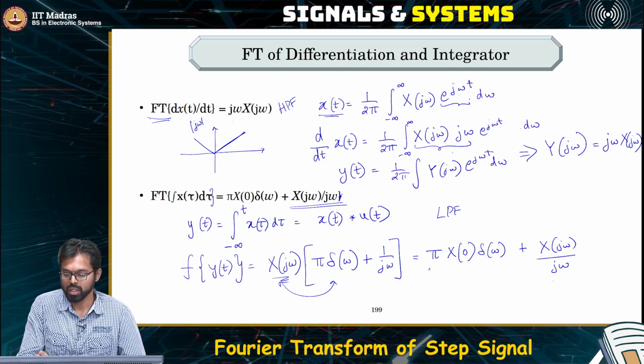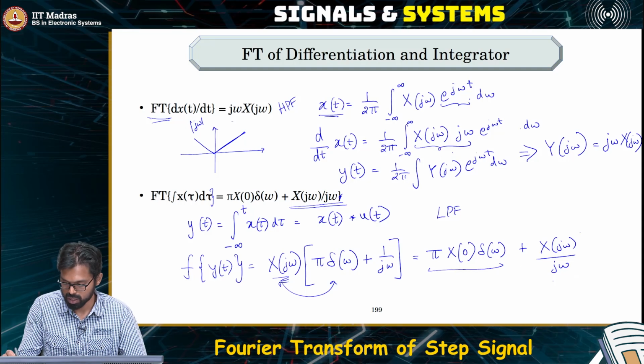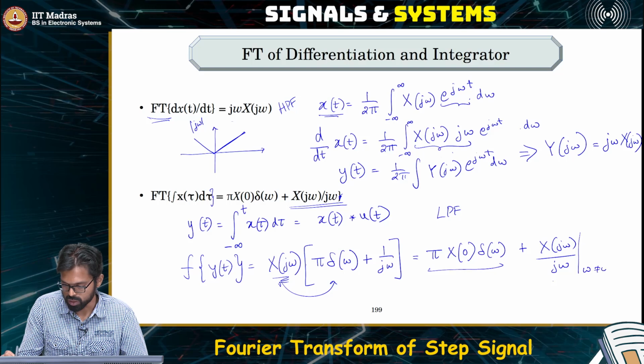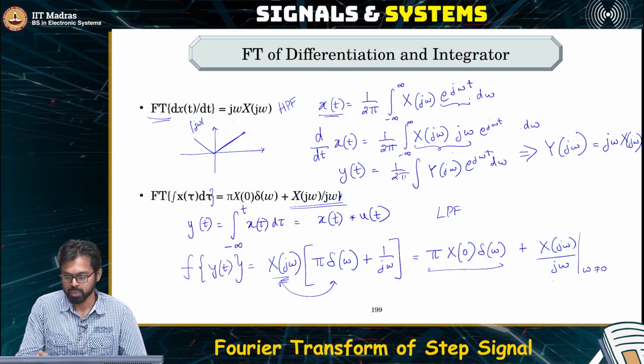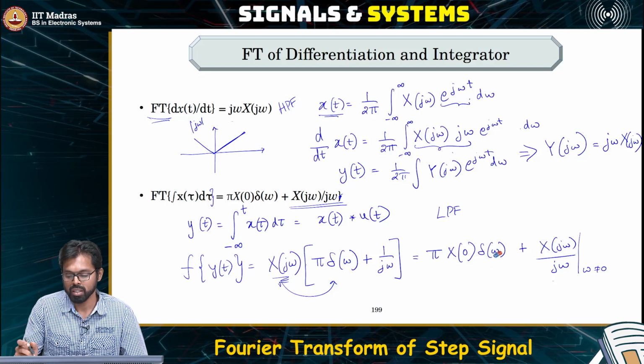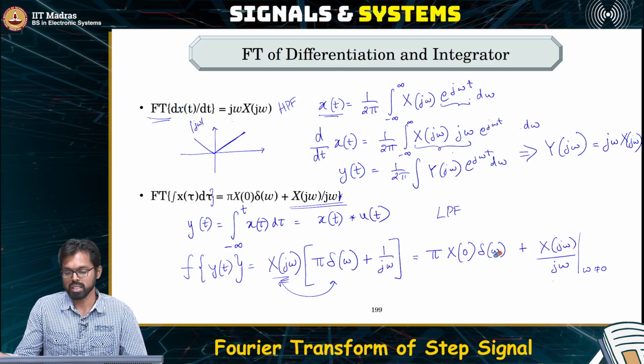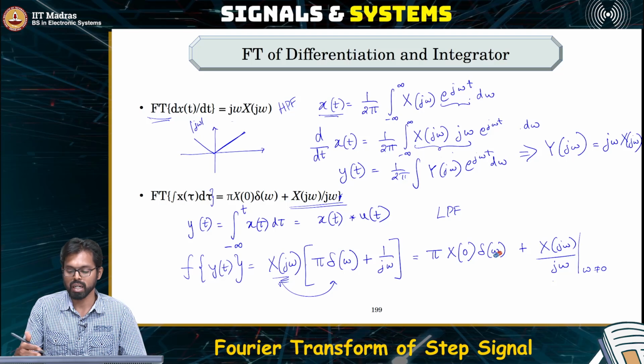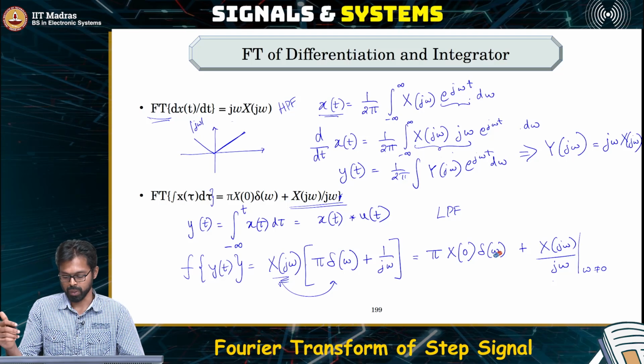So to ensure that you get the DC component, because this term exists only when omega is not equal to 0, and this term takes care of what happens when omega is equal to 0. So it is slightly different now. The differentiator was exactly the same as in the Fourier series, but the integrator is slightly different. So this you have to keep in mind.